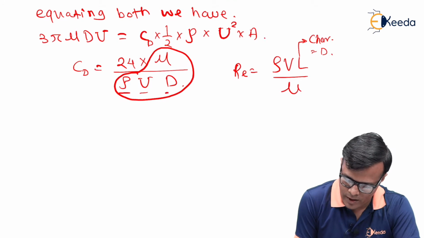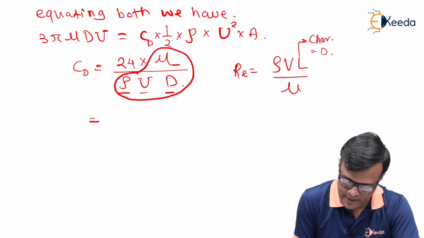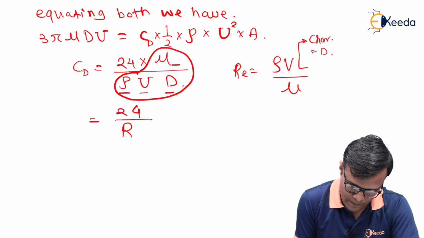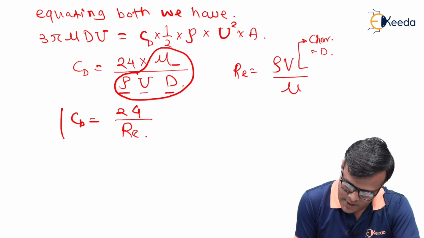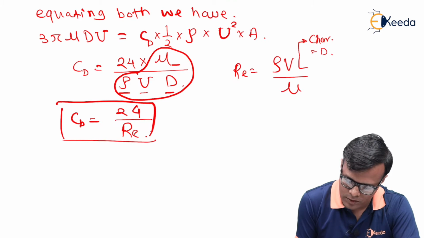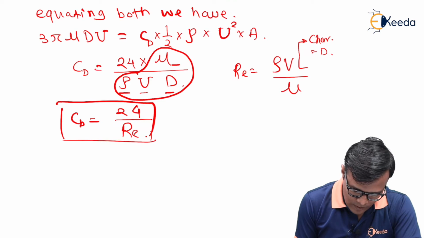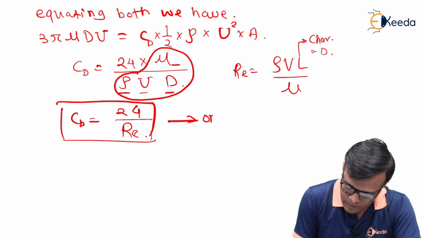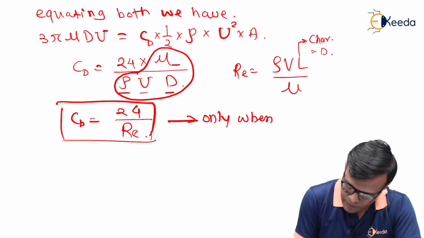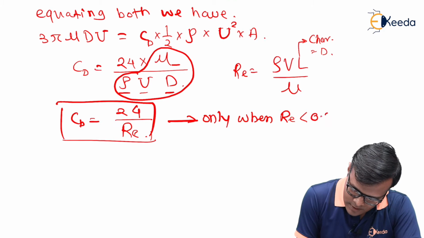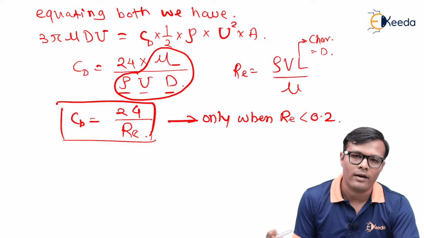So I can write it as 24 upon Reynolds number. So this is the expression for the Cd value, coefficient value, and this is only when Re is less than 0.2.